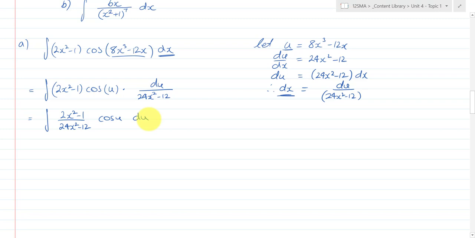Now if you get to this point and you're like, well, where do I go from here? Always expect the x's to cancel out. If it's a substitution question, this should happen.